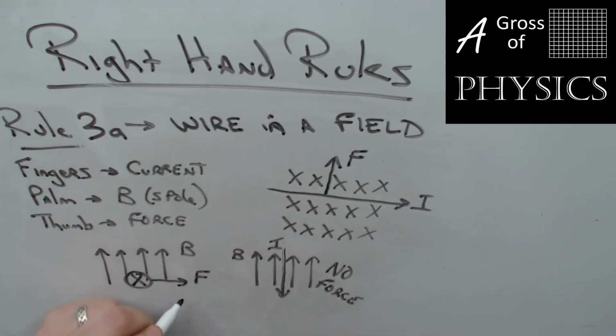You have to have perpendicular motion between the two. So the field and the flow have to be perpendicular. Field perpendicular to the flow. If it's parallel, no force. And that's right-hand rule 3A for a wire placed in a magnetic field.